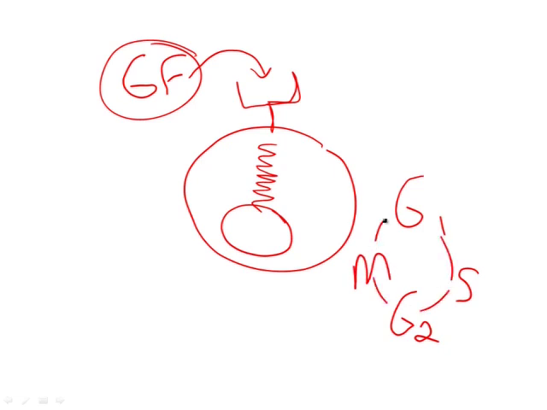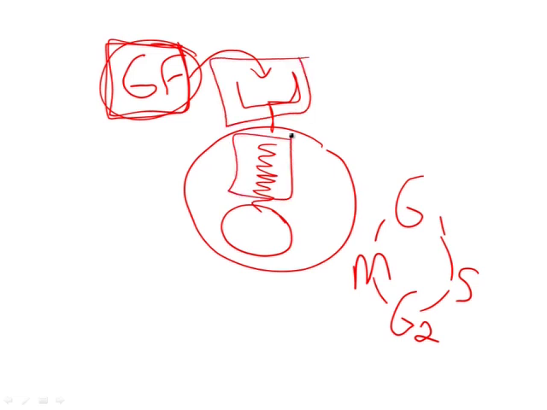So this is the normal growth sequence, and each of these steps involves proto-oncogenes. One type of proto-oncogene would be the growth factor, another type would be the growth factor receptor, another would be the signal transducer, and another would be the cell cycle regulators.